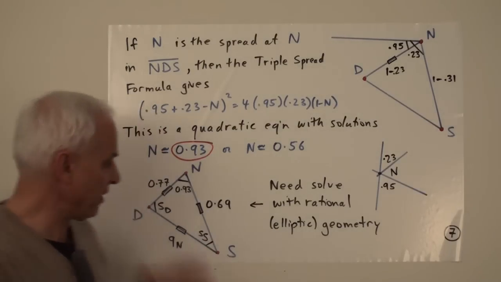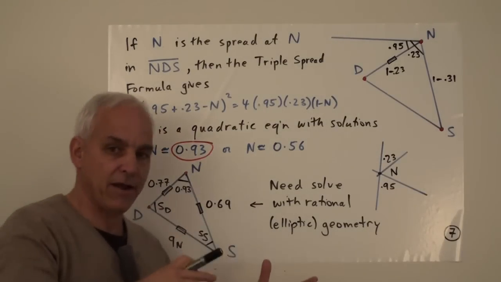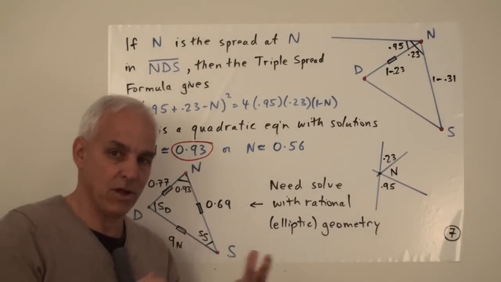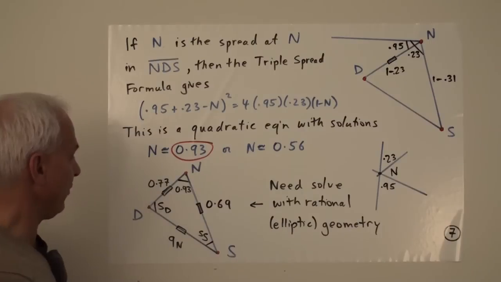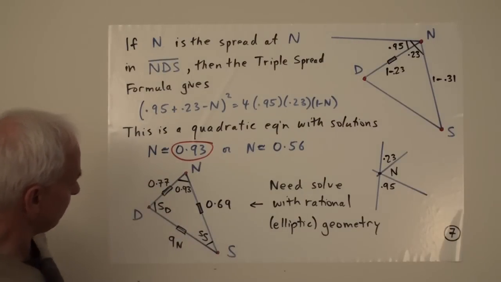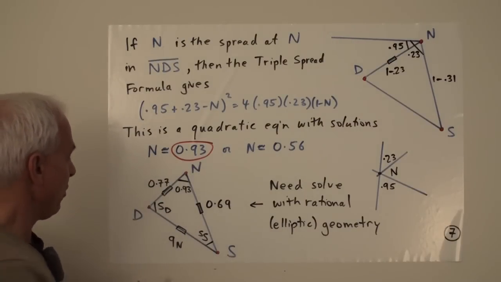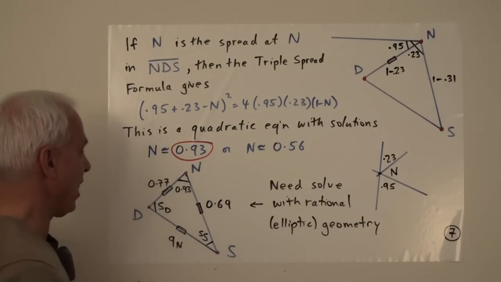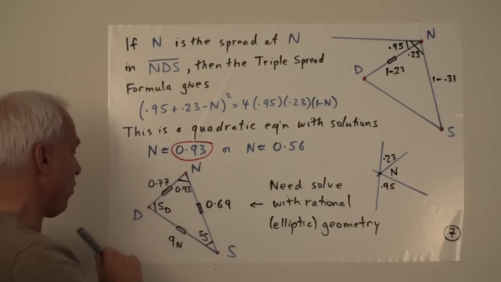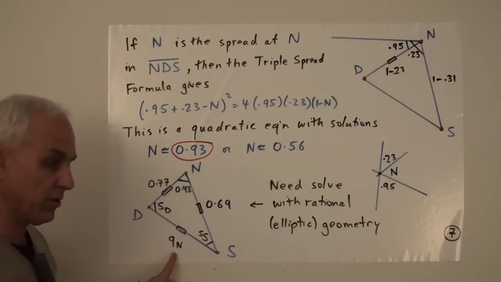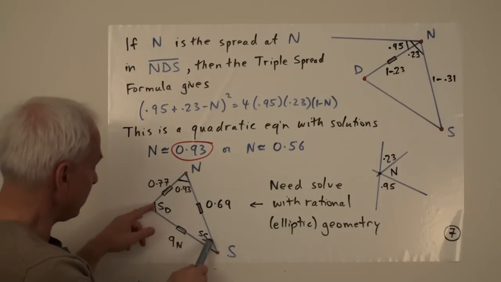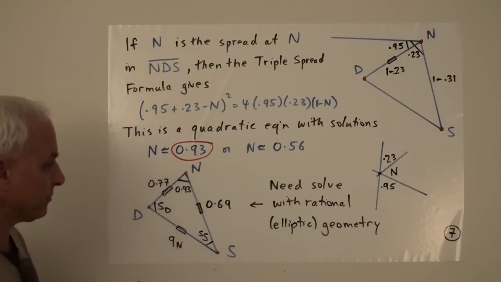So at this point we've converted the original data having to do with angles, longitude, and latitude to values of spreads and quadrances. So in our spherical triangle language, we have a spread of 0.93 here, 1 quadrance of 0.77, another quadrance of 0.69. There's still an unknown quadrance on this side and 2 unknown spreads at these 2 vertices here.